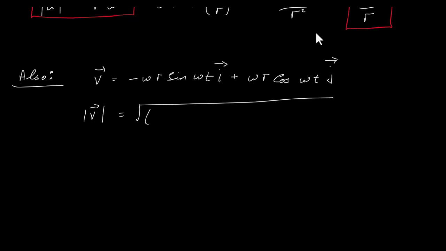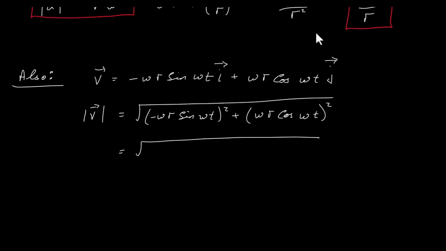So that's the square root of minus omega r sine omega t, which we need to square, plus omega r cos omega t, which we need to square. Let's do this then. So we end up with omega squared r squared sine squared omega t plus omega squared r squared cos squared omega t.